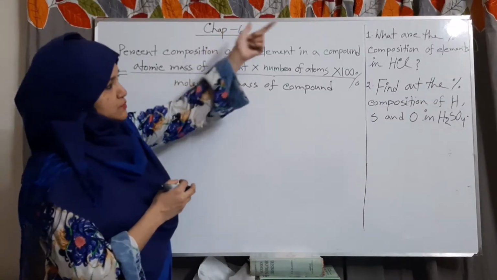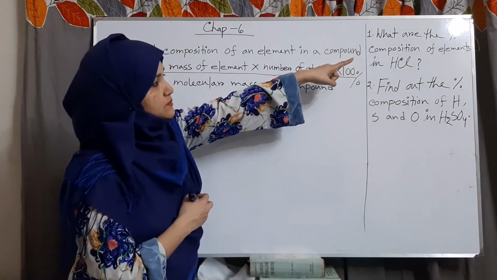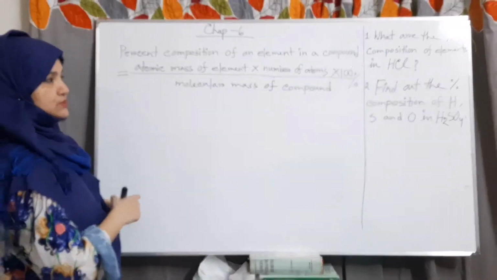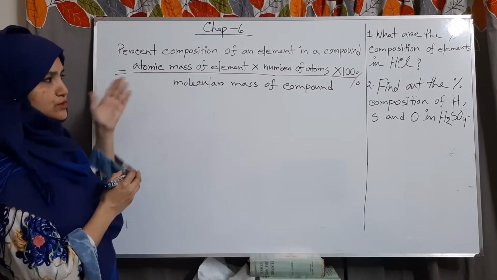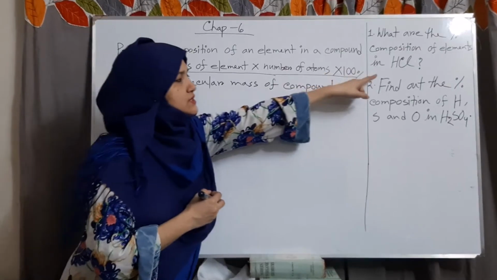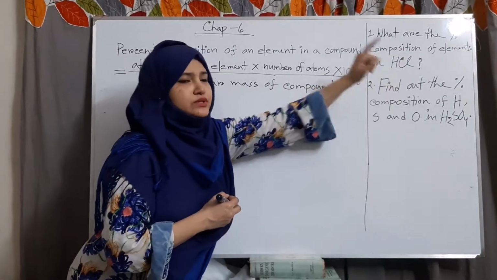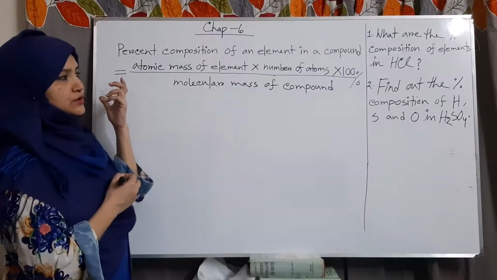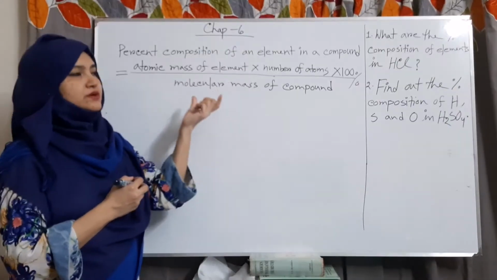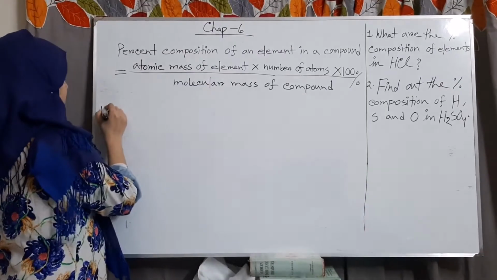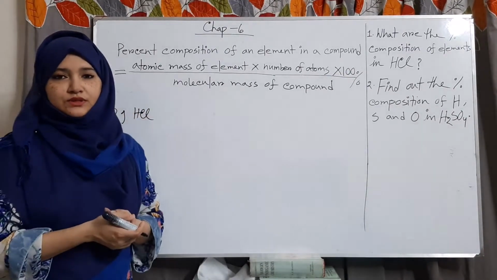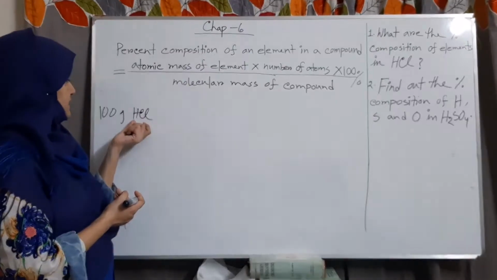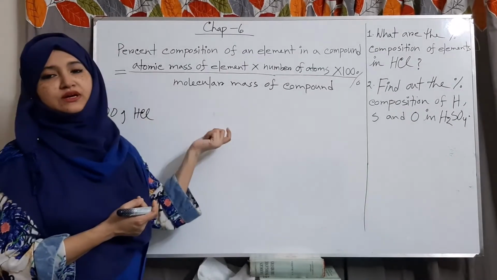Okay, the first problem is: what is the percent composition of elements in HCl? HCl is a very simple compound. We know HCl contains hydrogen and chlorine atoms, and considering 100 gram of HCl, we have to find out how much hydrogen and how much chlorine are present in it.